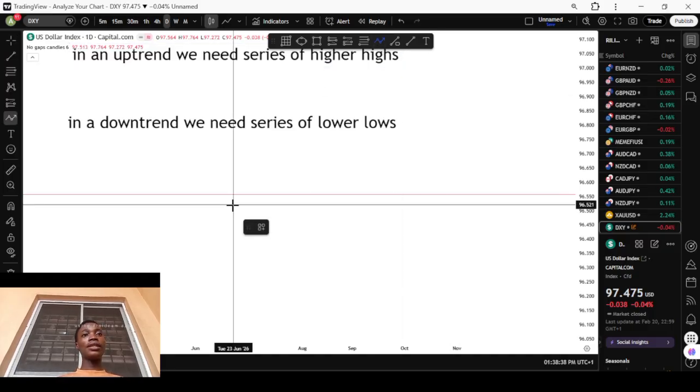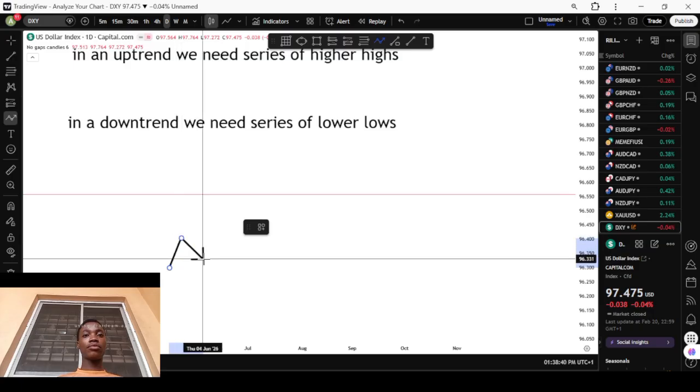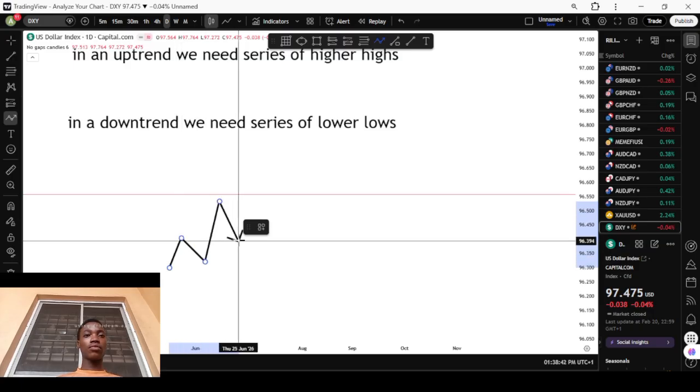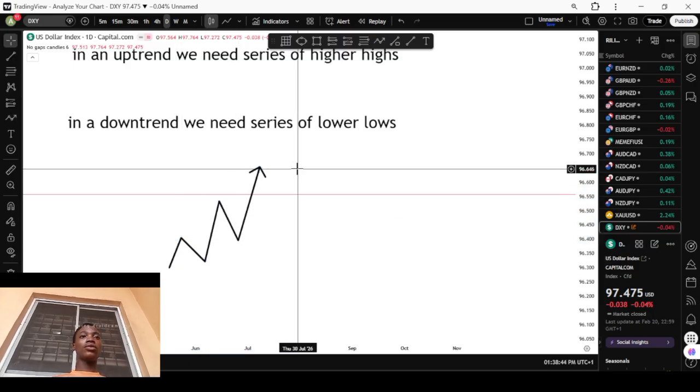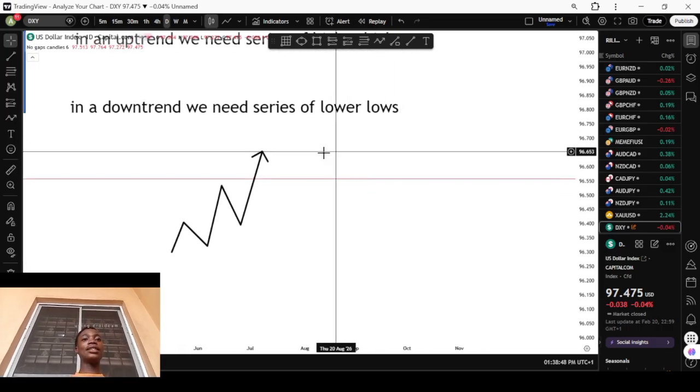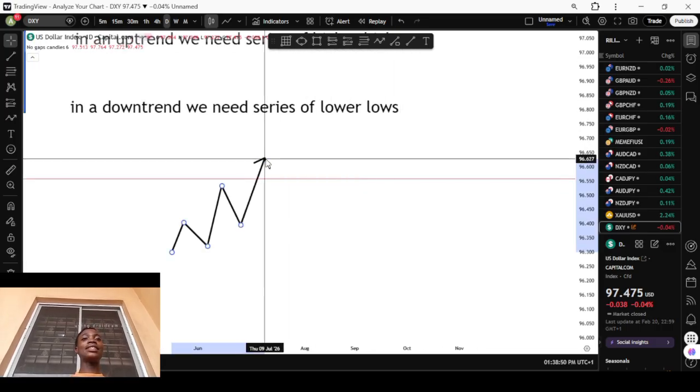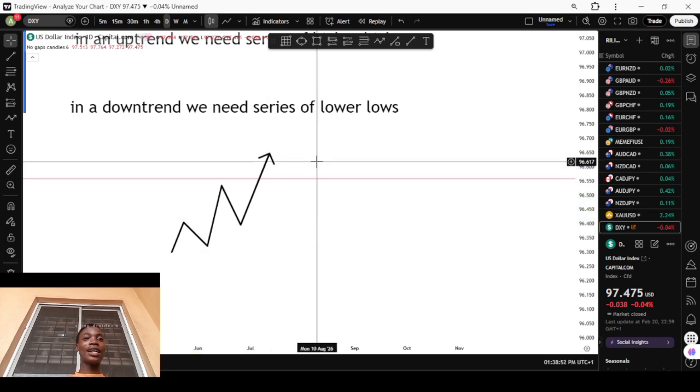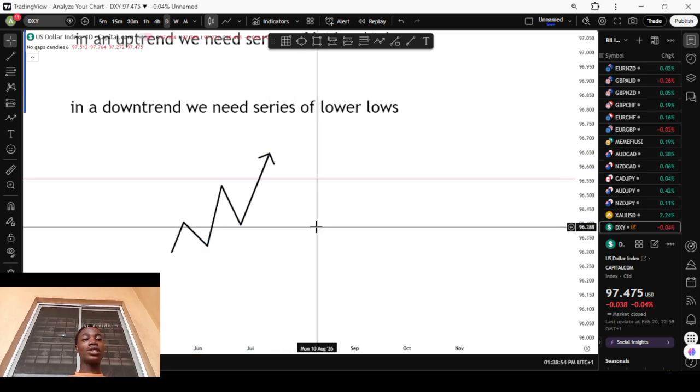So here it is. This is an example of an uptrend, and for this trend to be valid and to be called an uptrend, we have to see a minimum of 2 higher lows and 2 higher highs.